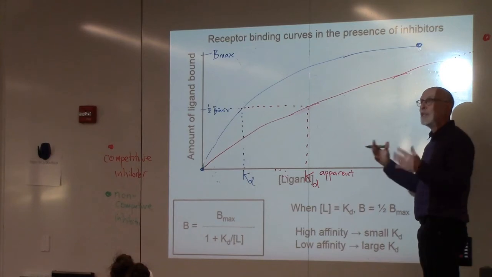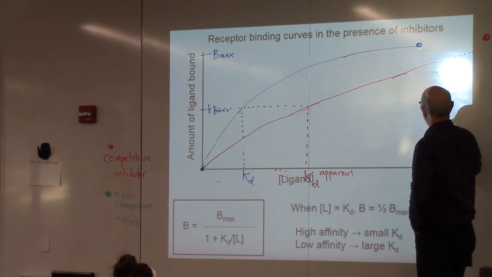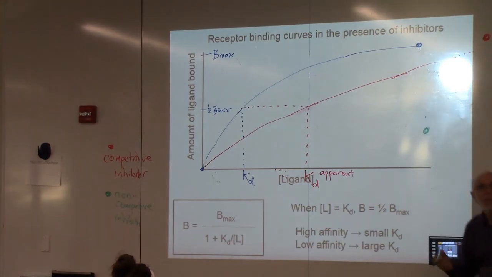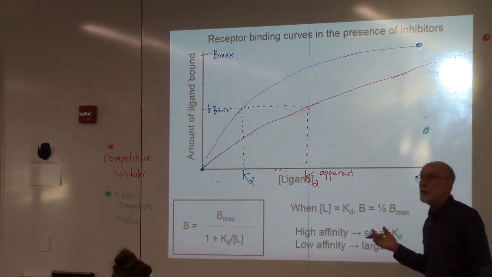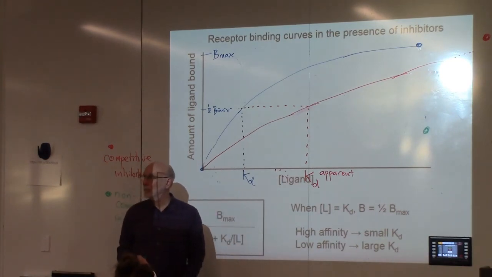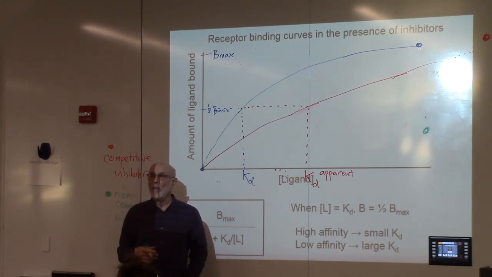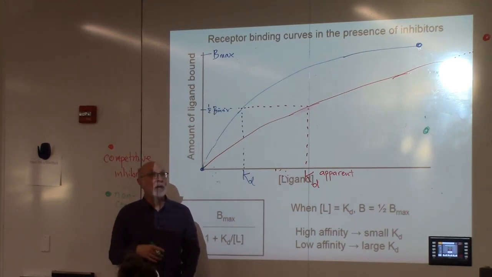But let's just say we've chosen a fixed concentration of the inhibitor that knocks out 3/4 of the receptors. At this concentration of inhibitor, 3/4 of the receptors don't bind their ligand anymore. But the ones that do bind their ligand are the same as the ones that we had before. They're the ones that haven't bound the allosteric inhibitor.